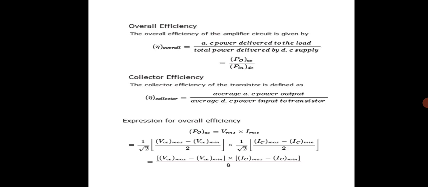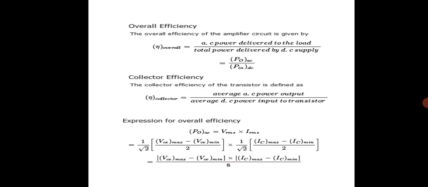So this is the overall efficiency of the amplifier circuit, which we have seen in the previous lecture, which is P out AC to P in DC, that is output power that is delivered to the load to the total power delivered by the DC supply.